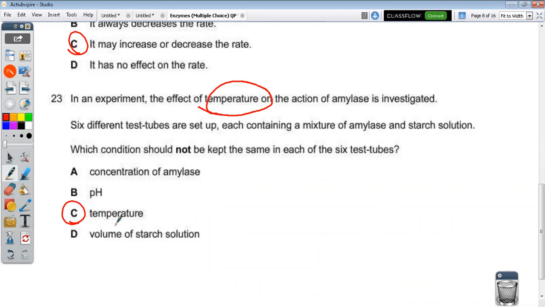Clear? Makes sense? Yes, sir. If I'm investigating pH, it means I change different pH. I expose my reaction to different pH, but the rest should be kept constant. You can't investigate 2 things at the same time. So what you are investigating is what you change.